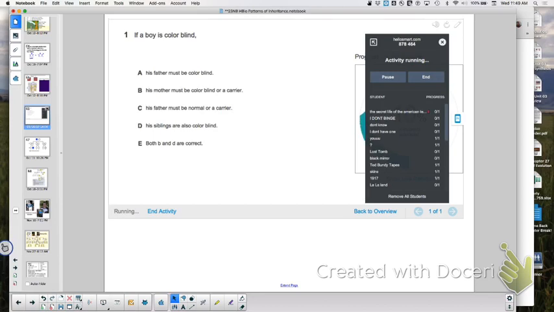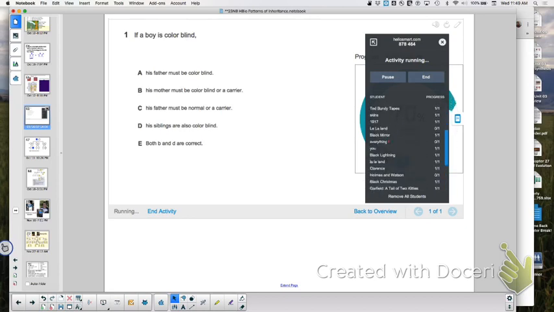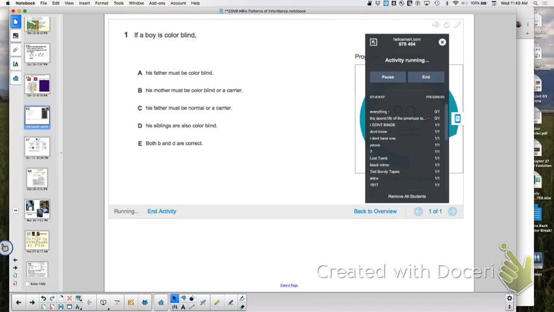We're going back to sex-linked traits. Okay, make that commitment.